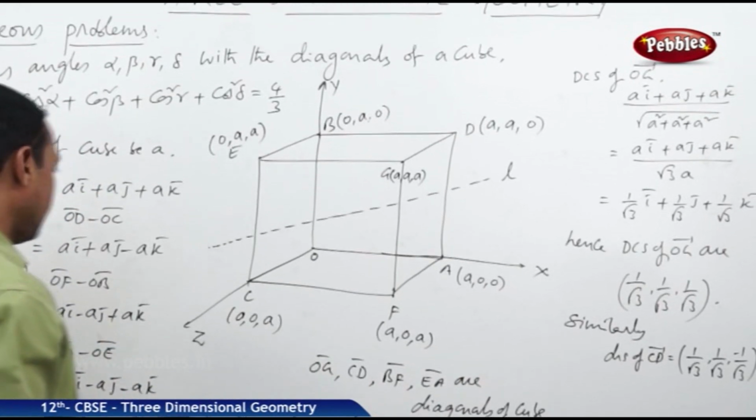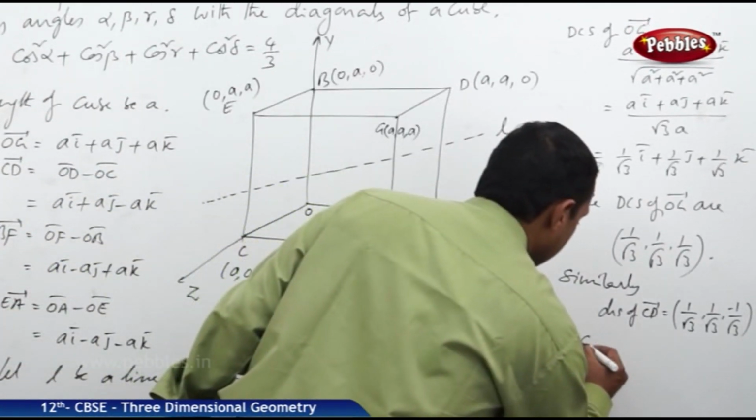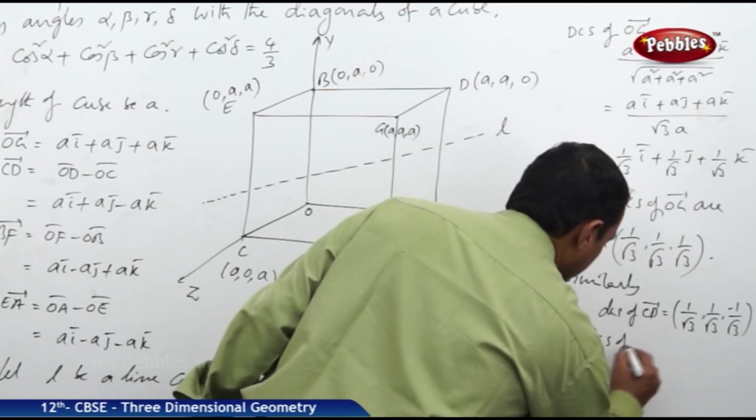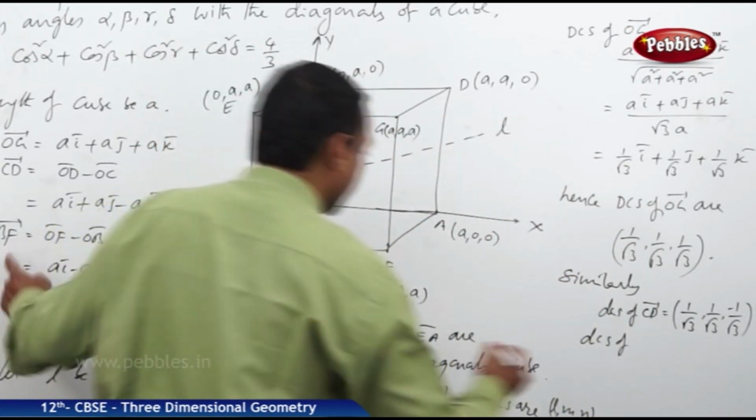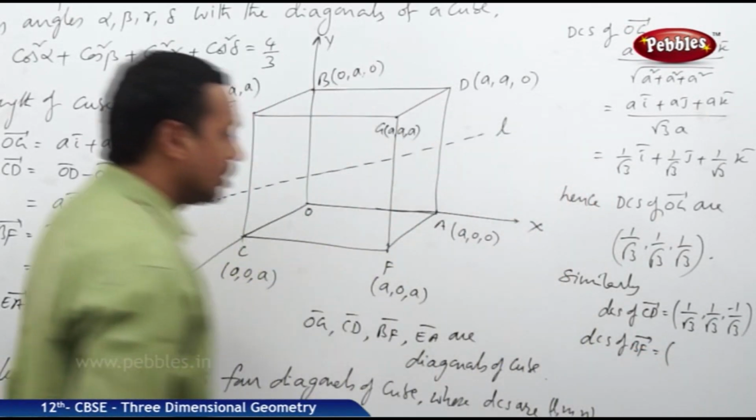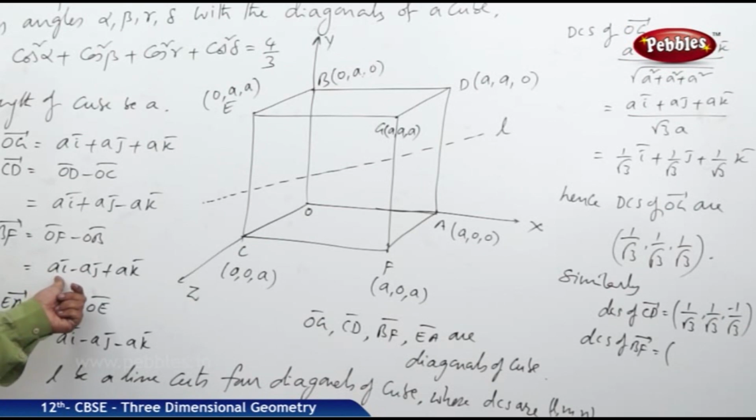In the same way, the DCs of the vector BA, or AI minus AJ plus AK by root of A square plus A square plus A square.